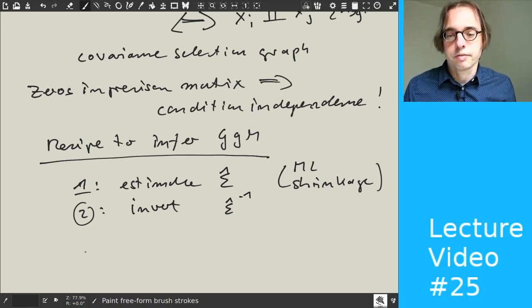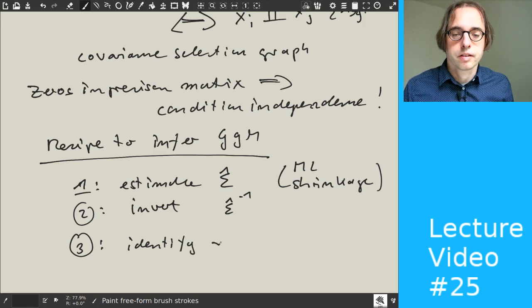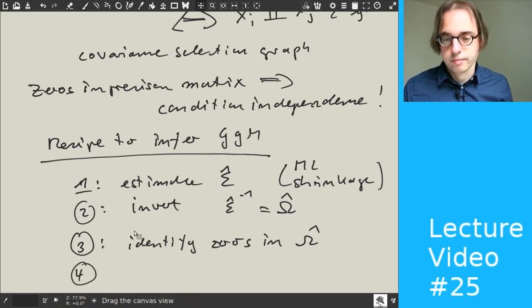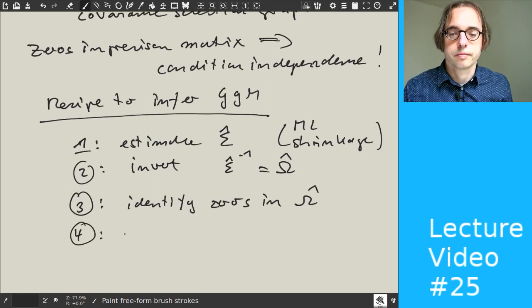Then you find the zeros in omega hat, and then you draw the graph.